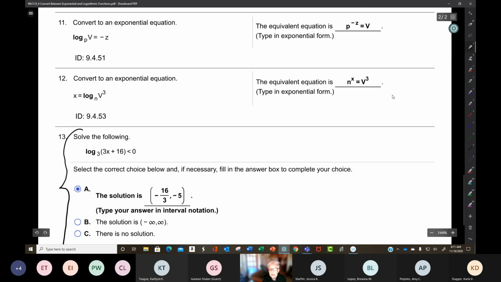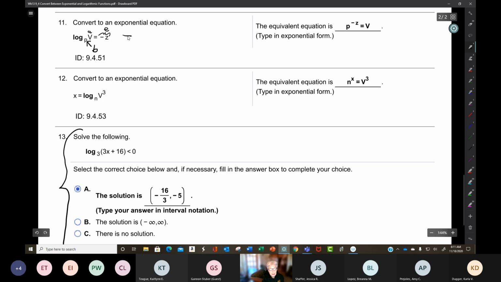Now number 11. Log base P of V equals negative C. That's B. This is A. And this is E. I'm sure you're getting the hang of this.